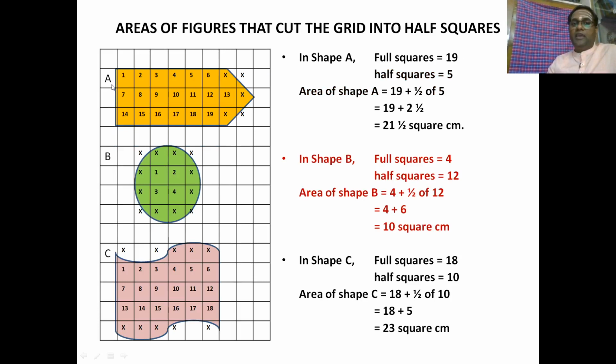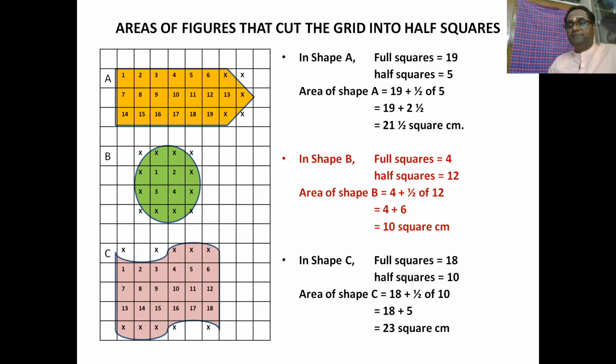Now let us find the area of these shapes. In shape A, you can see there are 19 full squares. So I'll write number of full squares 19, number of half squares 1, 2, 3, 4, 5. Number of half squares is 5. So area of shape A will become, the full squares will be taken as they are, 19, plus half of 5.